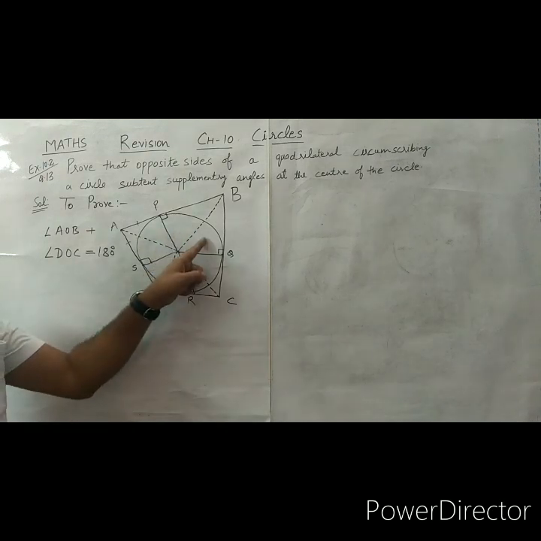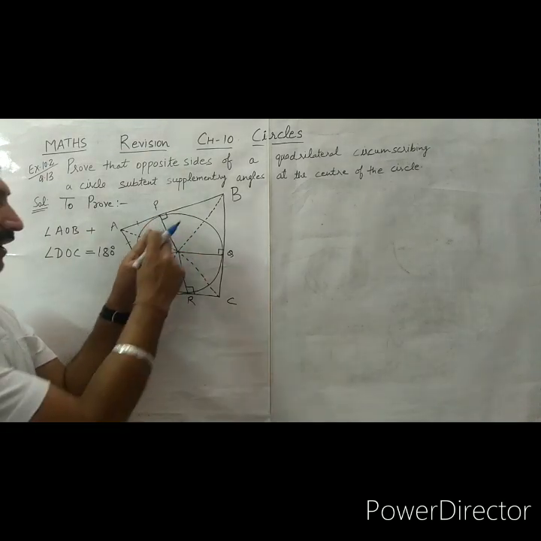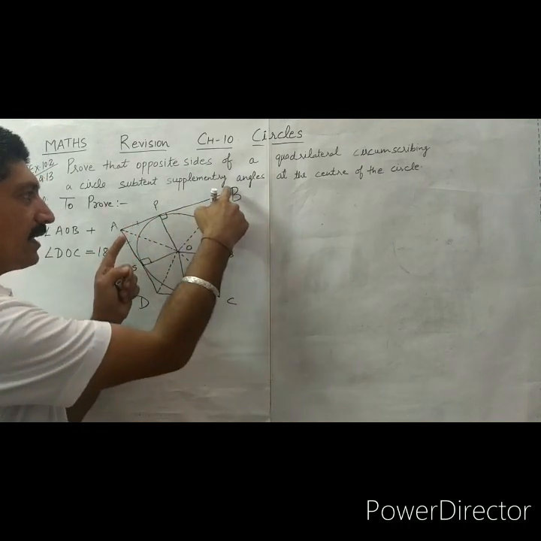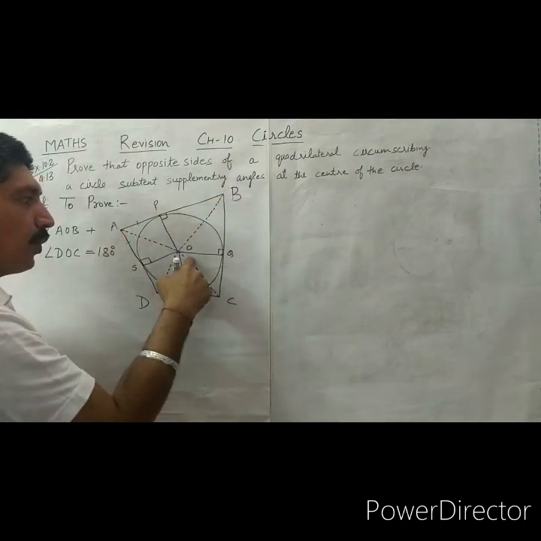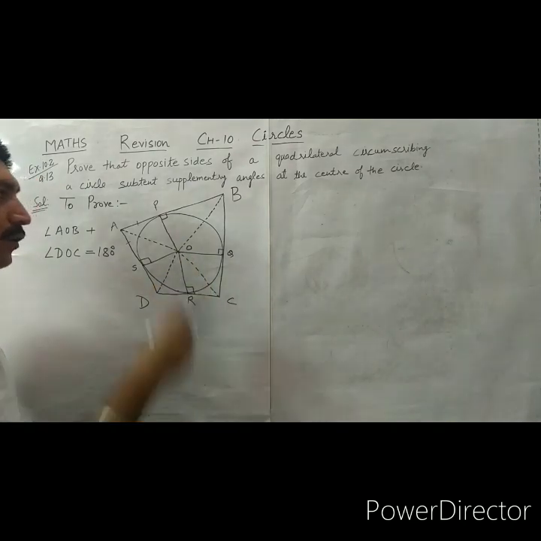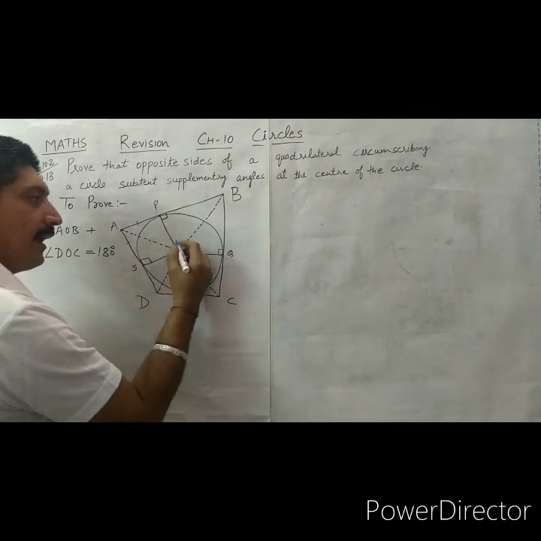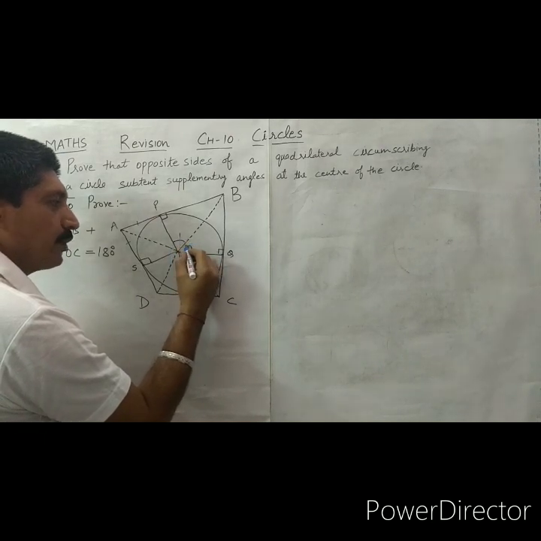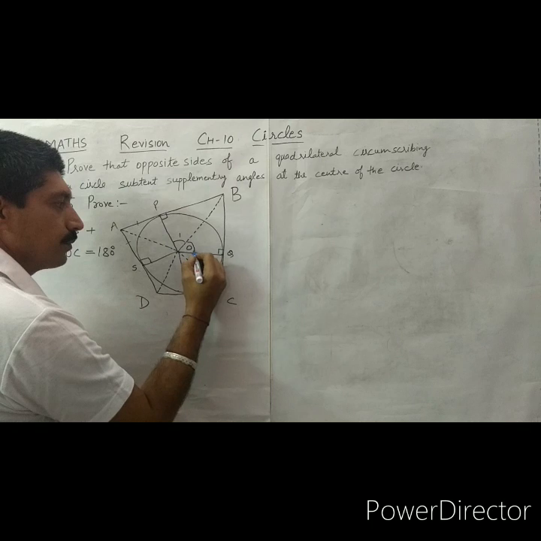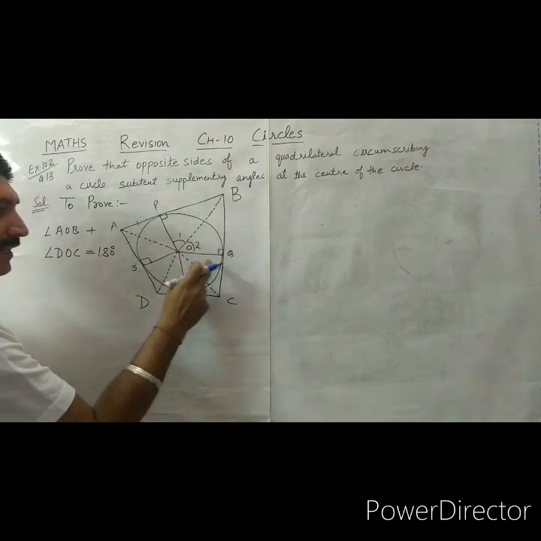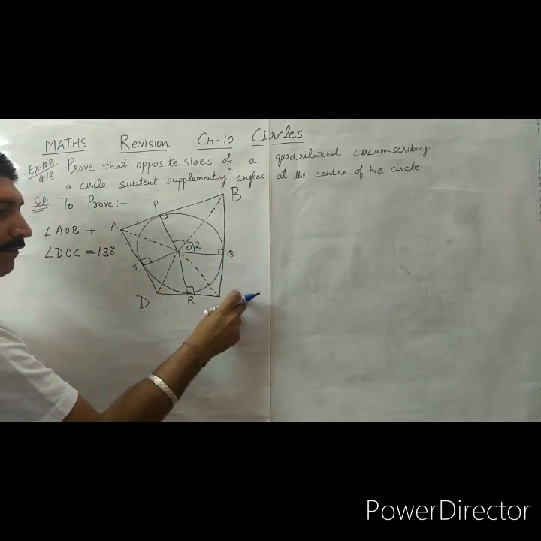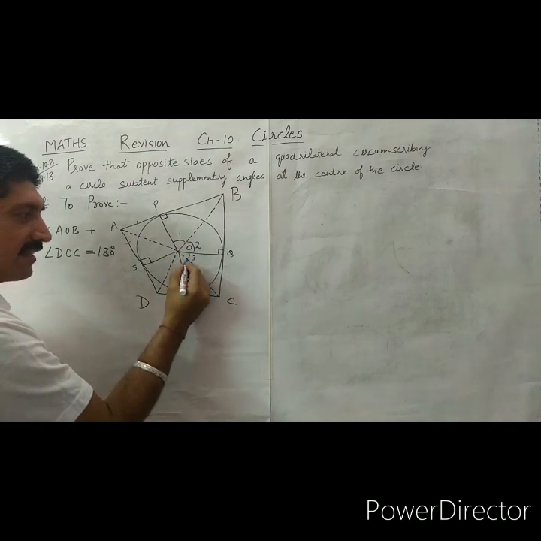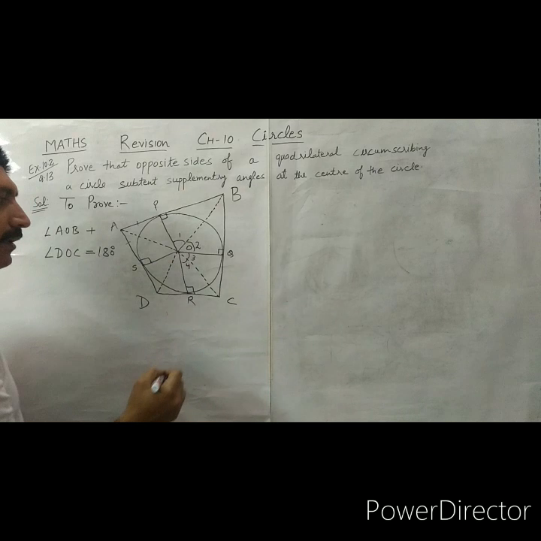So here we know that the triangles OPB and BQO are congruent triangles, and so angle 1 is equal to angle 2. Similarly, here C is the point of contact, angle 3, let's name this angle 3, is equal to angle 4.